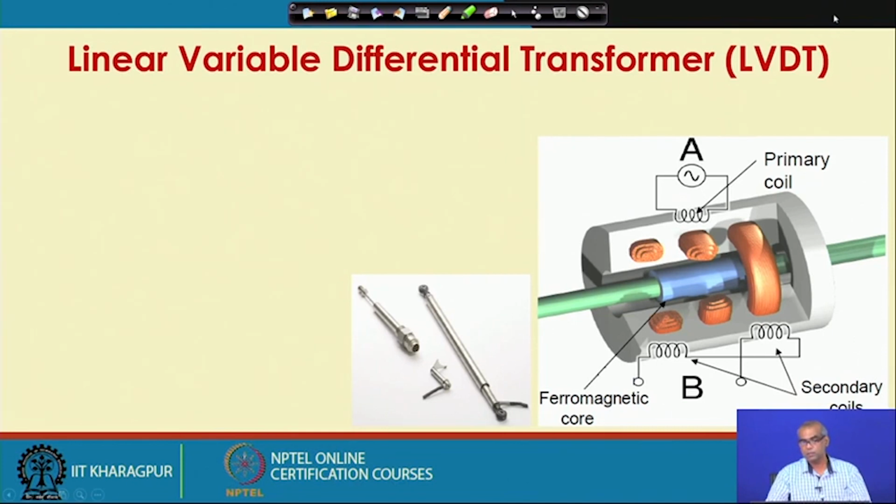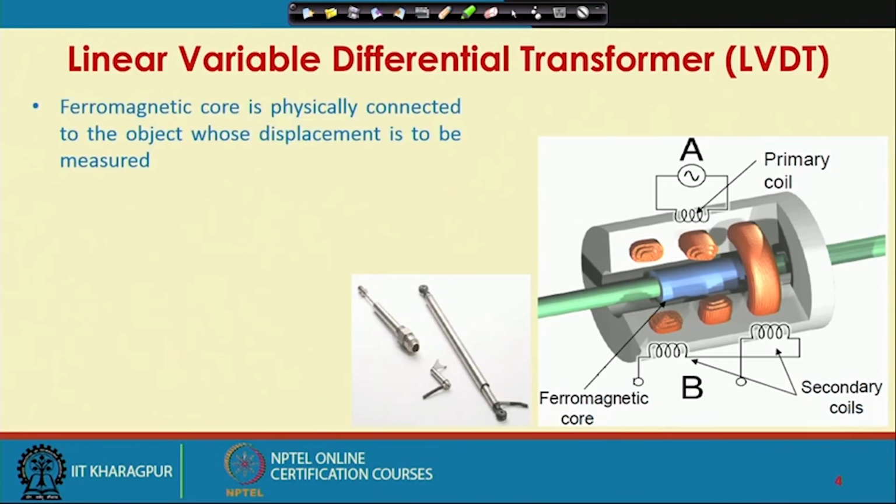Linear variable differential transformer or LVDT looks as shown on the screen. It consists of one primary coil and two secondary coils which are connected in series. Now, a ferromagnetic core is physically connected to the object whose displacement is to be measured.